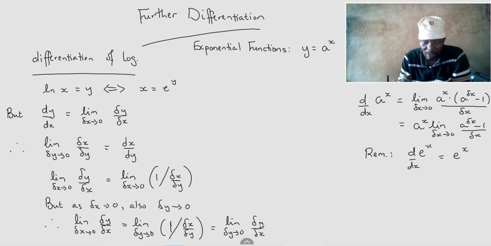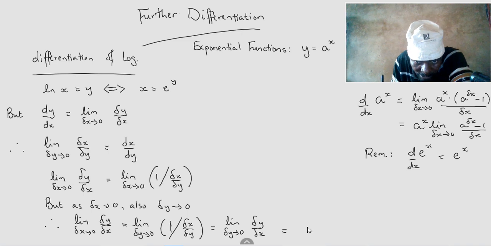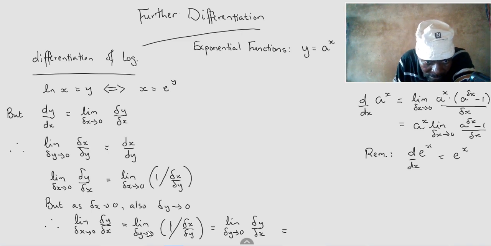All you've done is there was y here, there was x here, there was x here, so this must mean dy dx.